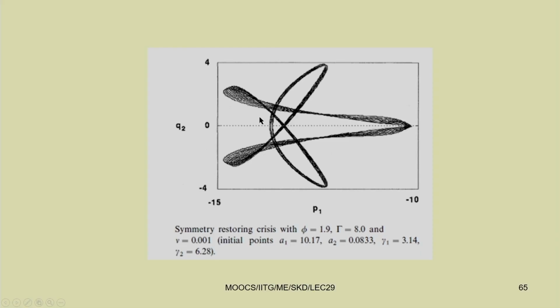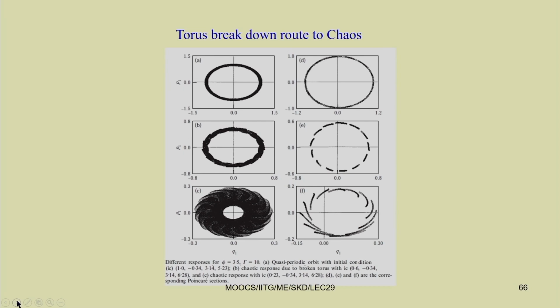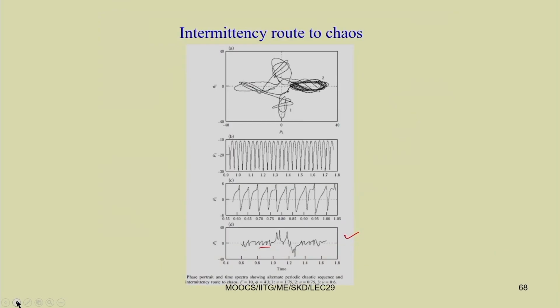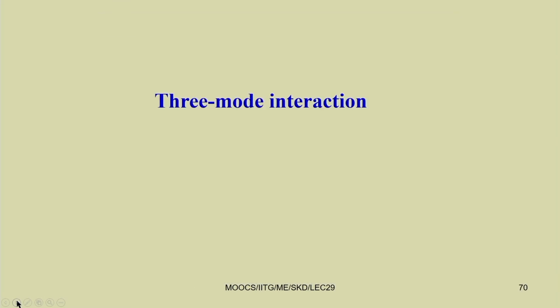Here we have also seen this symmetry restoring crisis. Initially it was symmetric, and this chaotic response is symmetric also. That is why it is symmetry restoring crisis, and further we have seen the torus breakdown route to chaos and intermittency route to chaos.